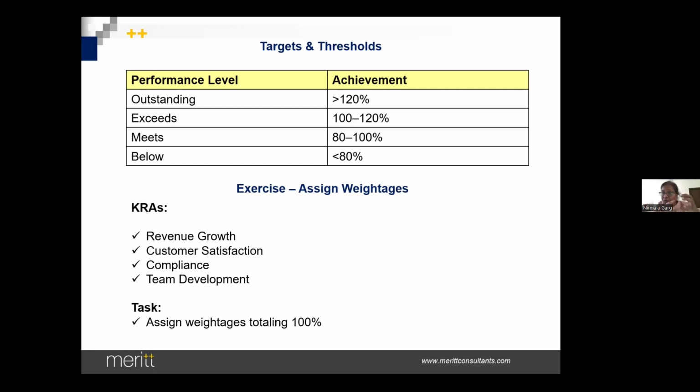If you have achieved between only 100 and 120%, look at the 100% as an X amount, or X units of production. So, if you have achieved 120%, X plus, you are outstanding. If you have not achieved, you have less than 80%, that means you are below the target. So you don't get anything, right? Are you with me? Everybody very clear? Yes. Okay.